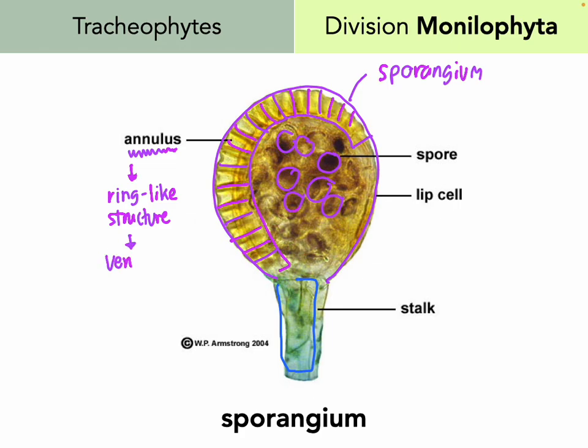This part is very thick and responds to water. They change shape with the water, right? On the other hand, you have this group of very thin cells, called lip cells.